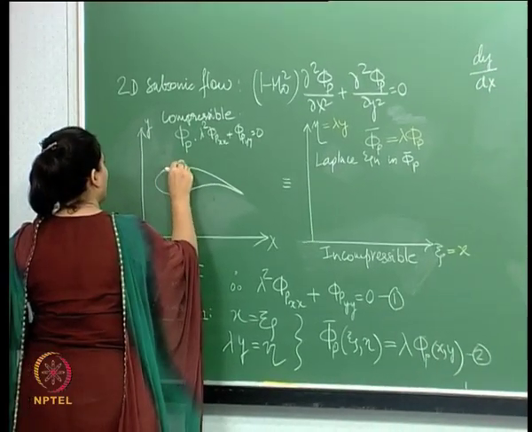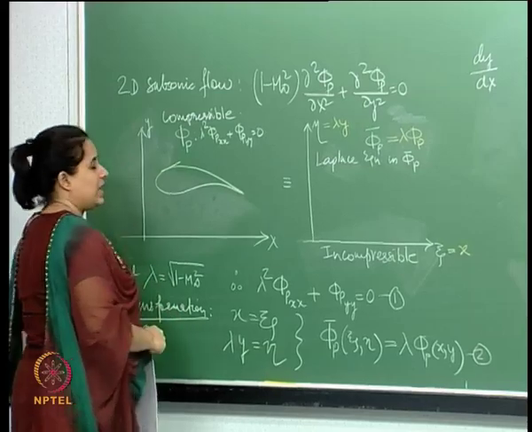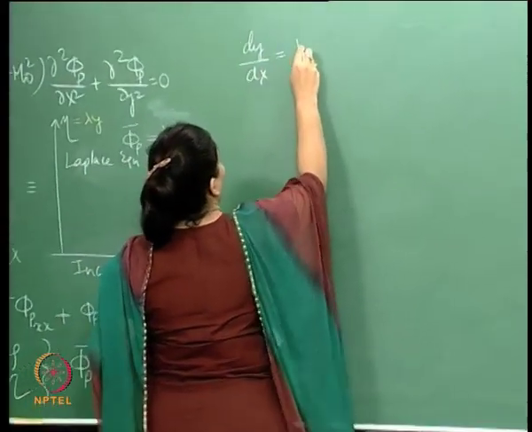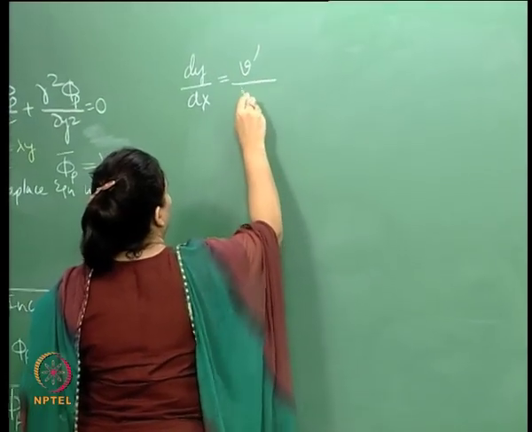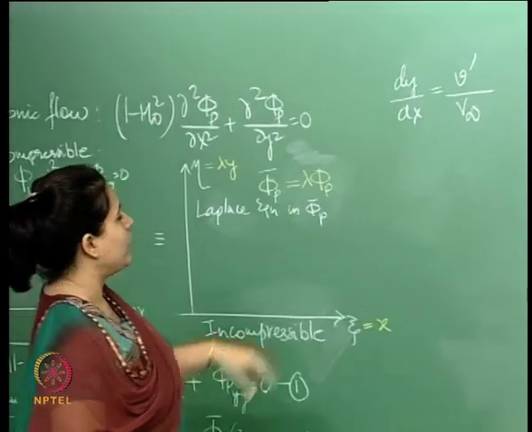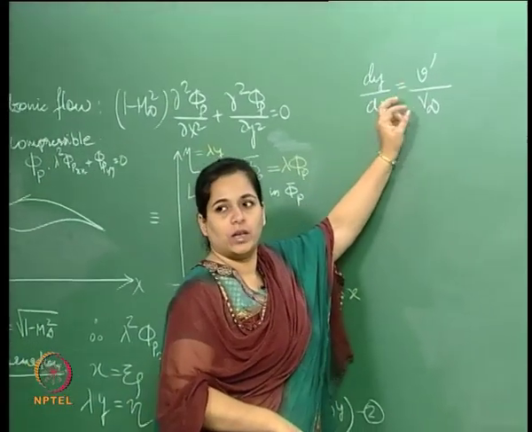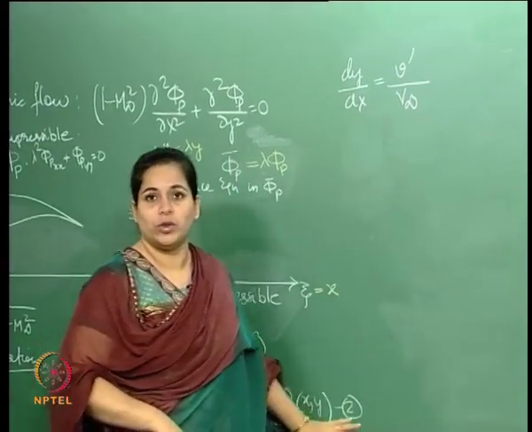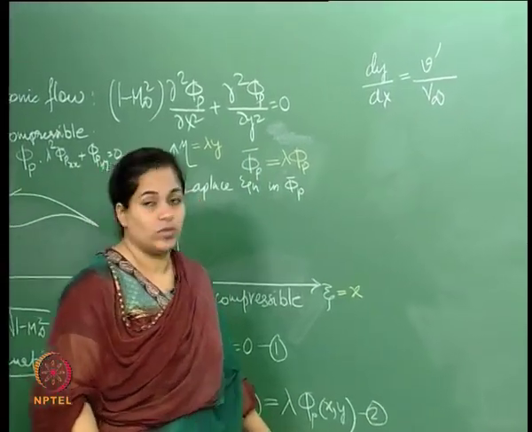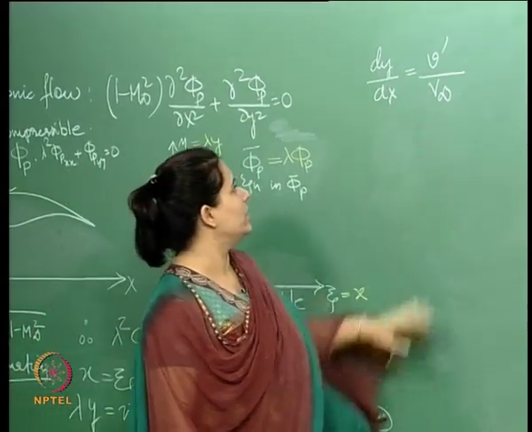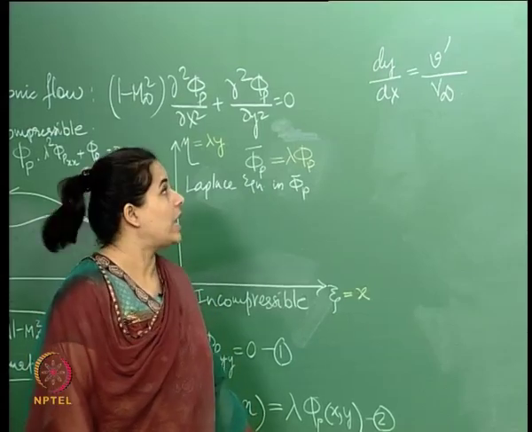This was equal to, if you remember, the perturbation velocity in the y component. Assuming small perturbation, which is what we are doing here, linearizing the flow, so what we have is this.